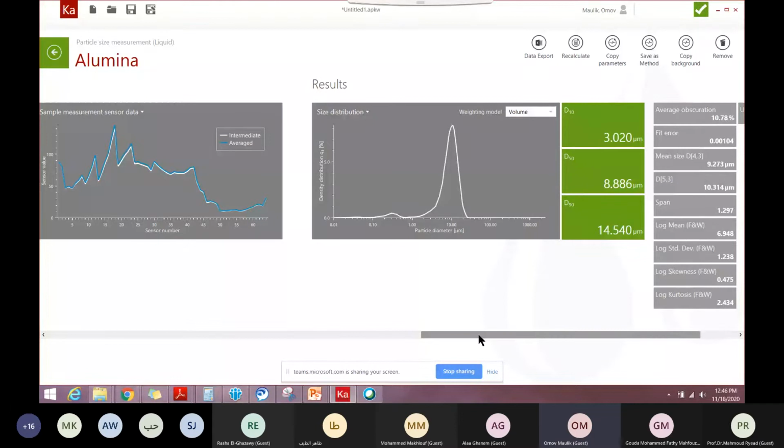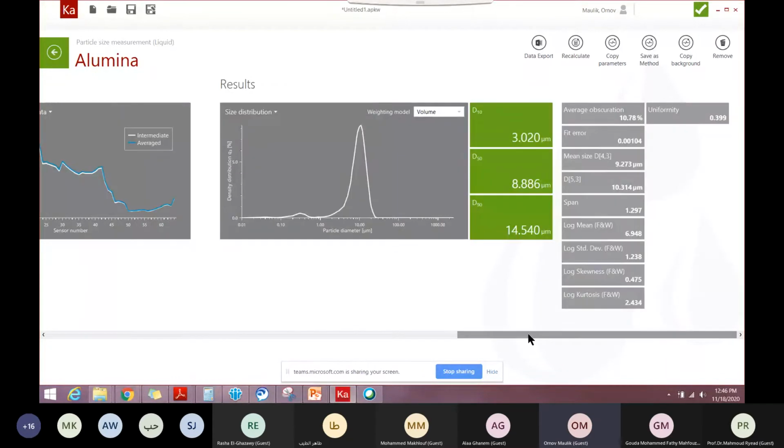And for a very good measurement, this fit error should be as minimum as possible. It will also give you mean size, the volume weighted mean size value, that is D43. And also it will give you the area of the complete distribution. So D32 would be somewhat the area weighted mean.